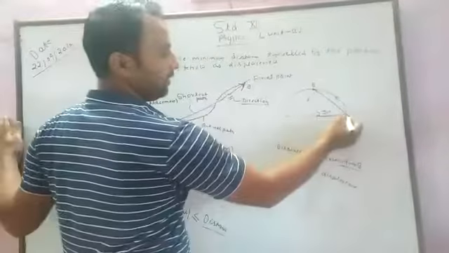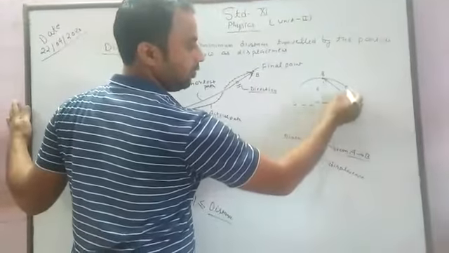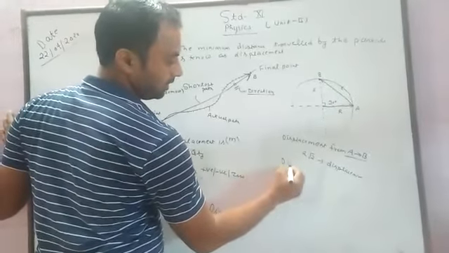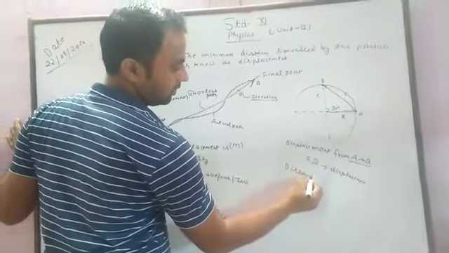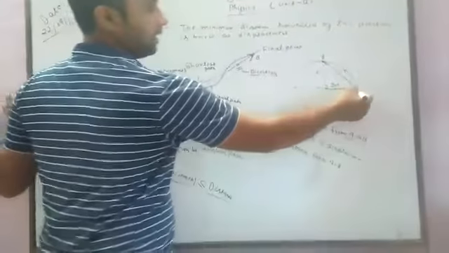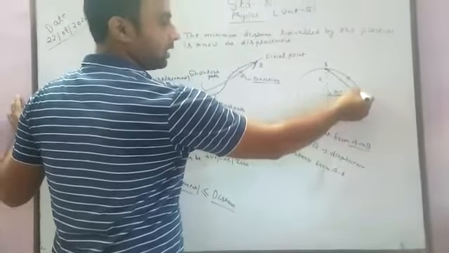And if a particle is moving from A to B, what is the distance? Distance from A to B. It means that this is the curve path distance.